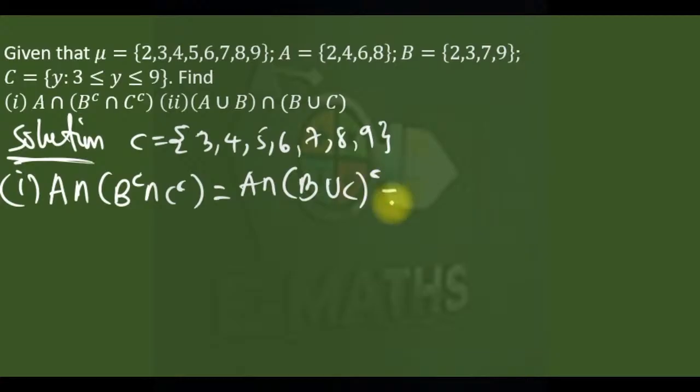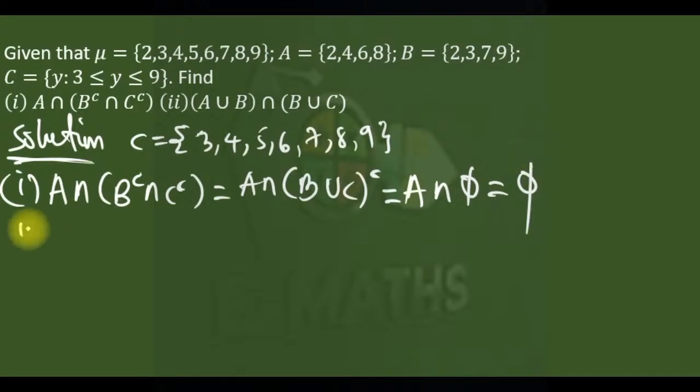You can easily see that B union C is the universal set. Check it: B is 2, 3, 7, 9, and C is this. It is the universal set, meaning that the prime will now be the null set. So this is now A intersection null set, or B union C is the universal set, so A intersection null set is the null set.